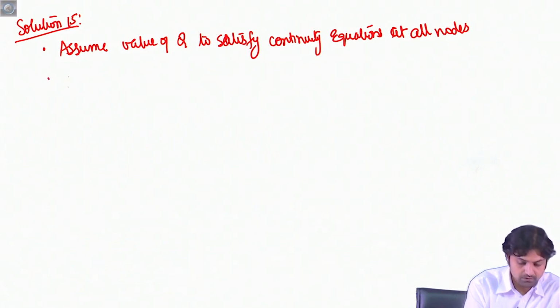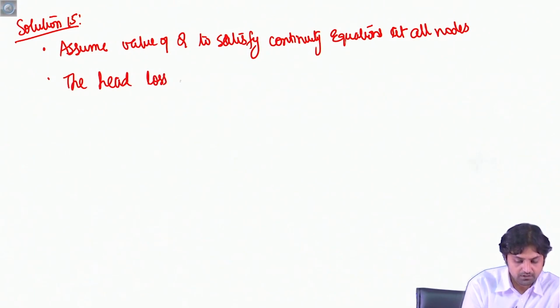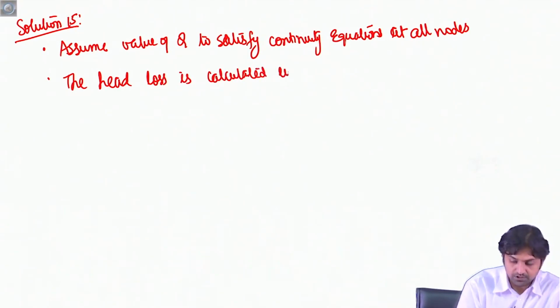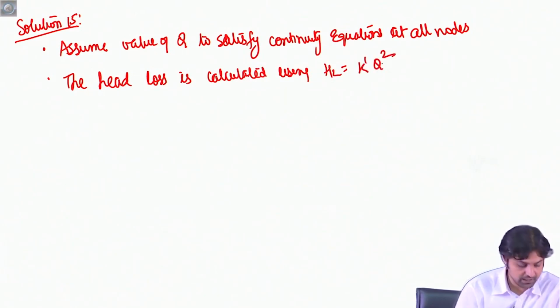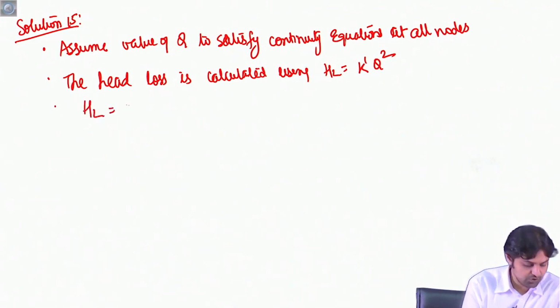Also, the head loss is calculated using HL written as K dash Q square. This HL actually could be the sum of major and minor losses both.